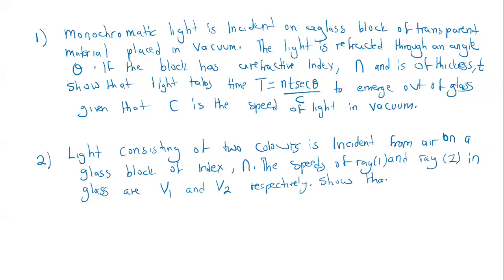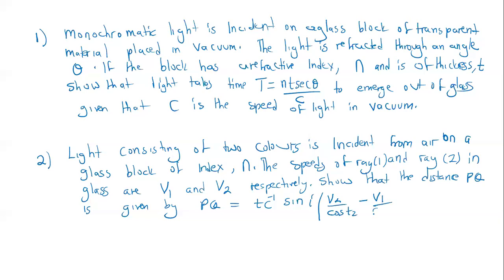Show that the distance PQ is given by PQ is equal to T C inverse sine i into V2 out of cos r2 minus V1 out of cos r1, where C is the velocity of light in air.